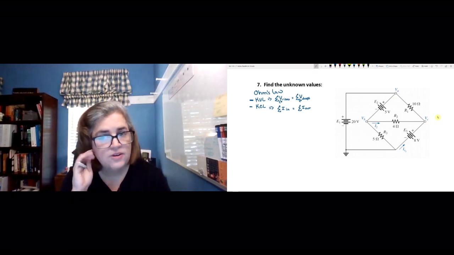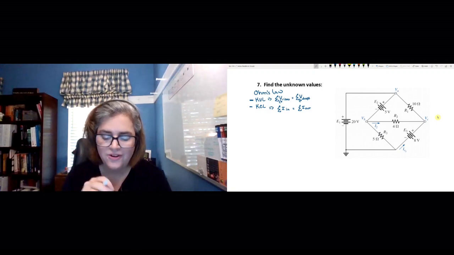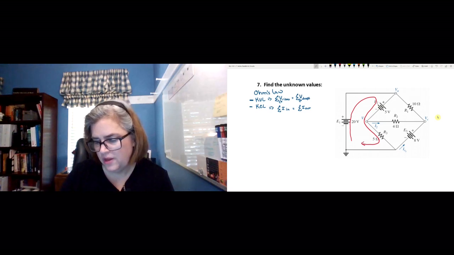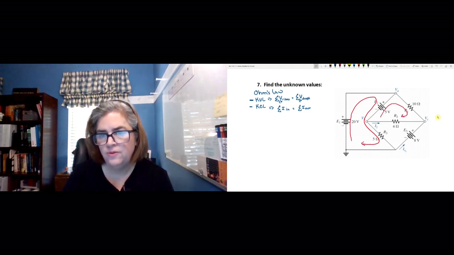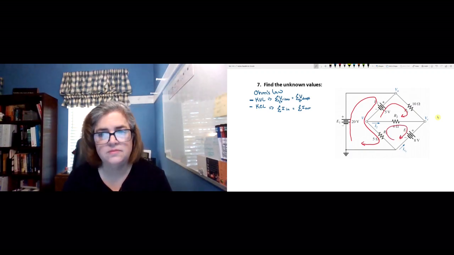Well, we identify different loops we can use for our Kirchhoff's voltage law equations. So we could use this loop in here. There's a loop in here we could use. There's a loop here we could use. We could go around the whole circuit.